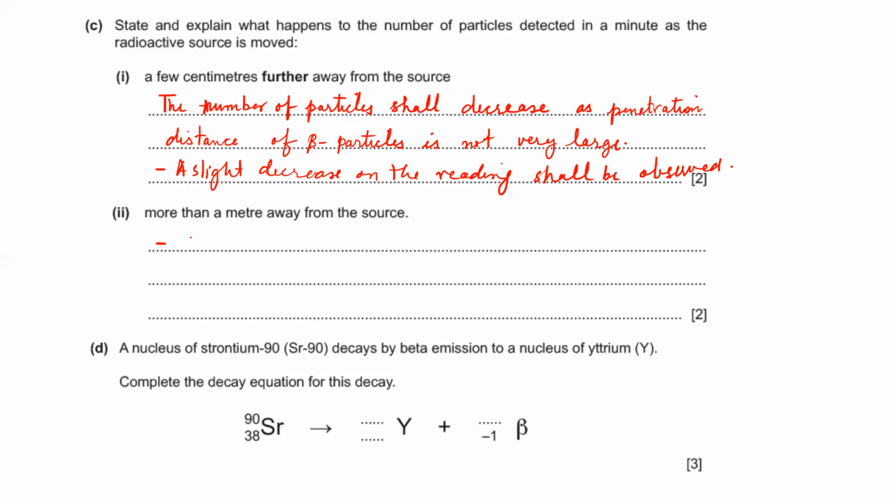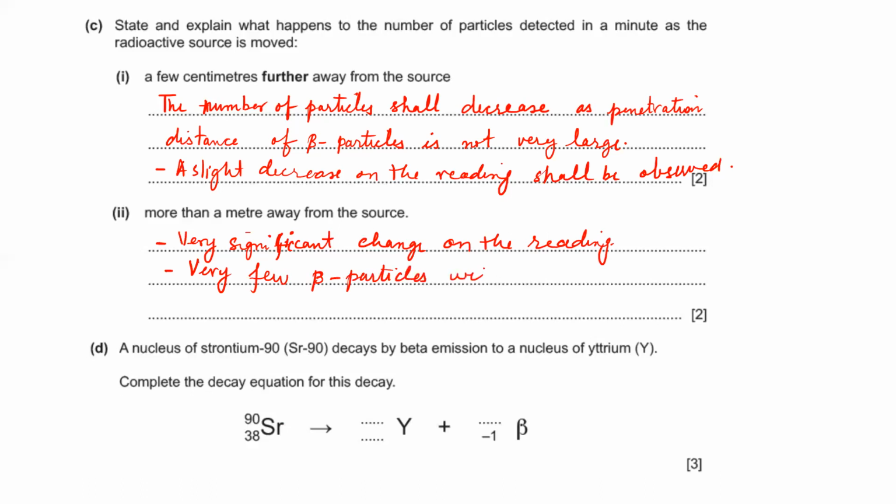Okay, so in this case, a very significant change on the reading. Very few beta particles will reach the detector.